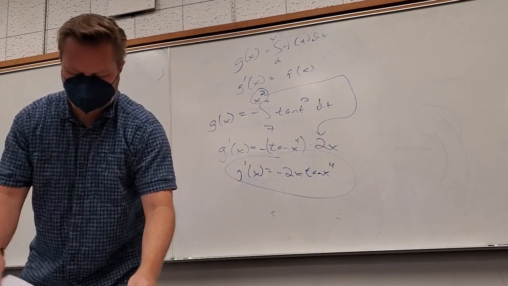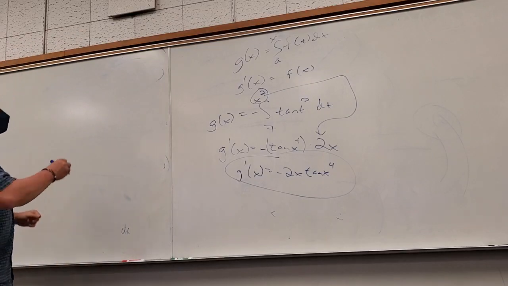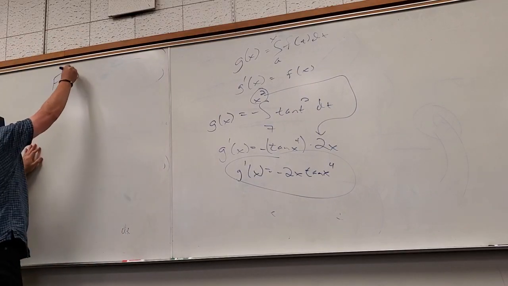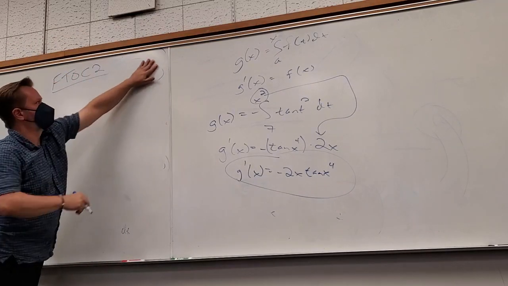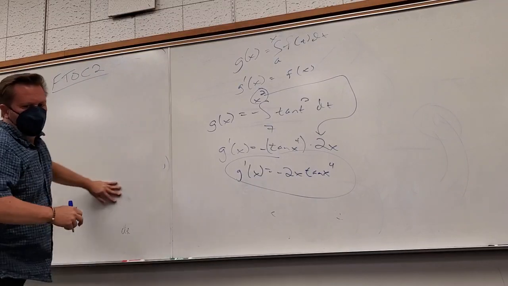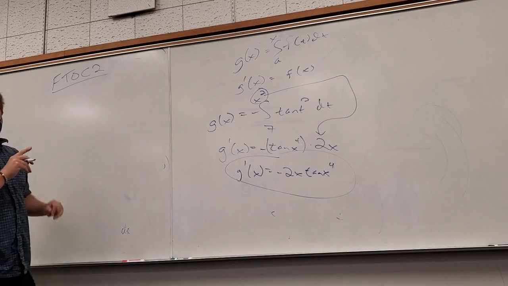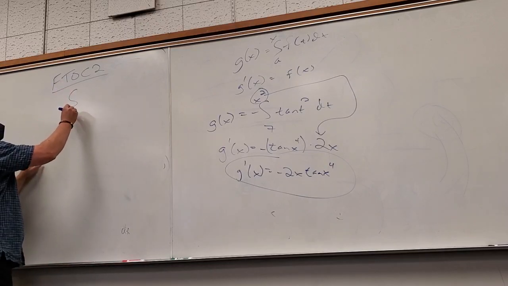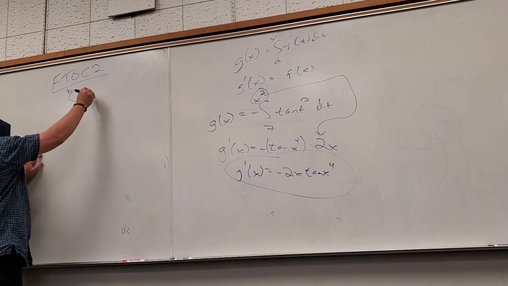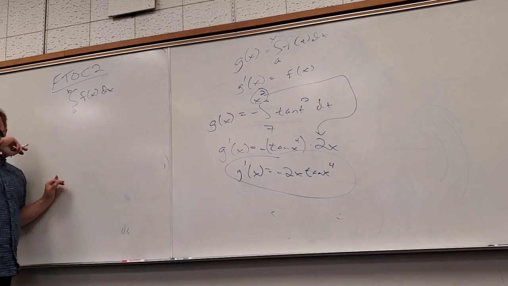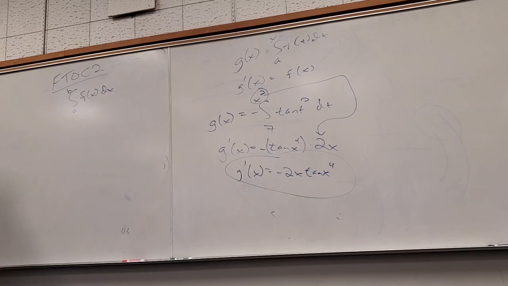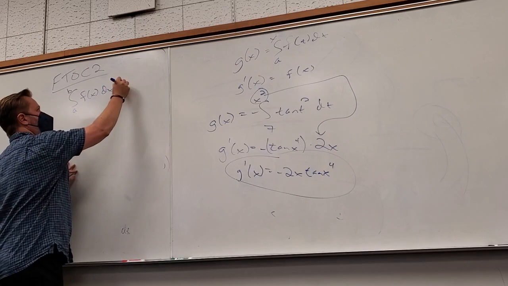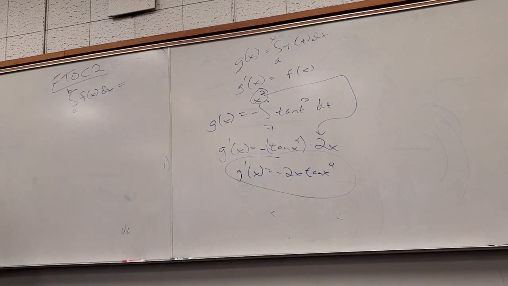Gotta keep myself straight. There we go. So, I want to investigate what this is. I want to know what that is. In fact, I want to prove that this is equal to what we've been doing.